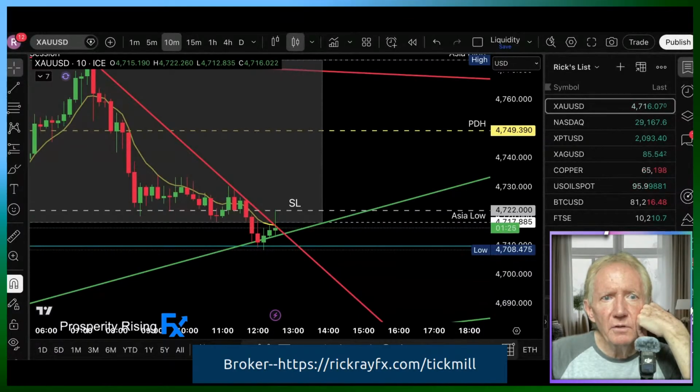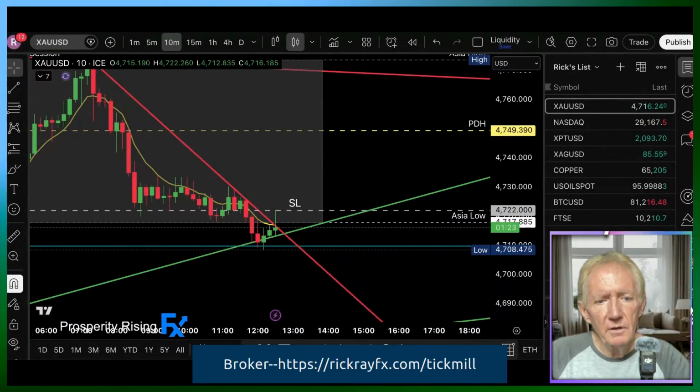Alex says there's a doji on the 5-minute chart. Okay. Yeah, there is. But the candle's not finished yet. But a doji can mean two things.